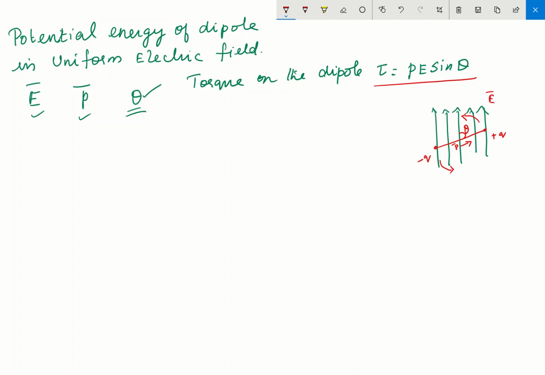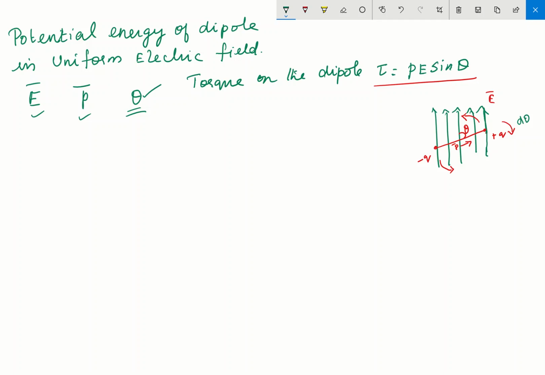But now what I want is to rotate the dipole, which is at an angle theta, in the opposite direction, in this direction, through a small angle d theta.